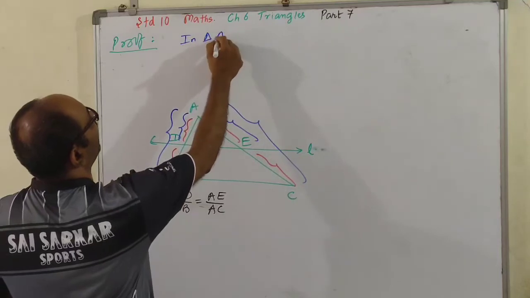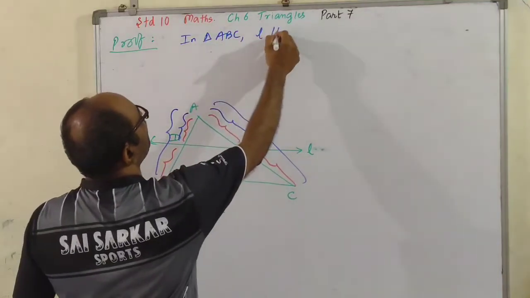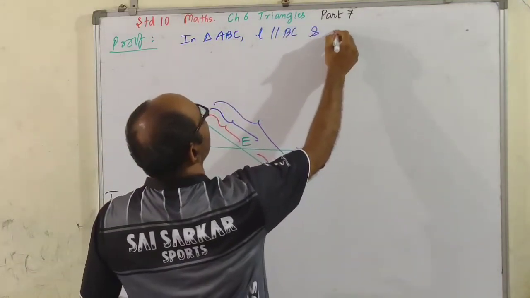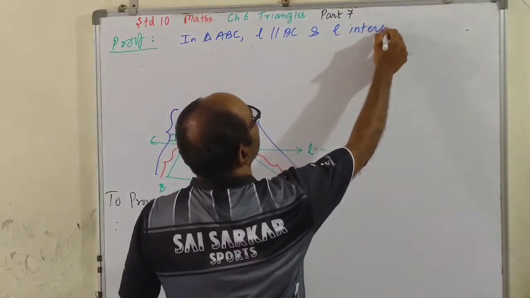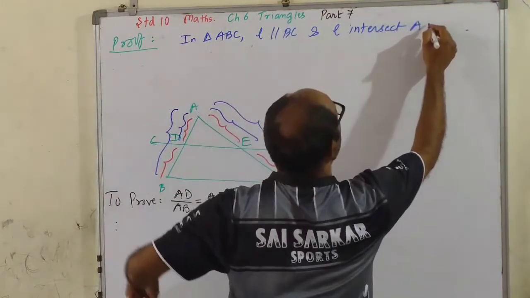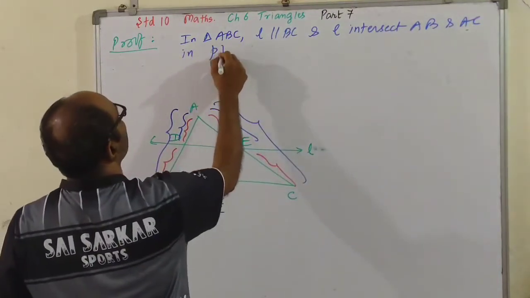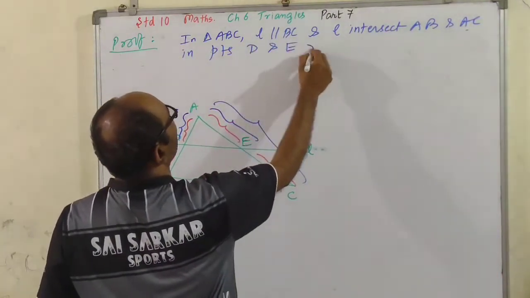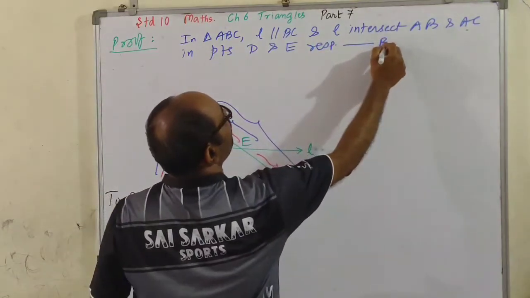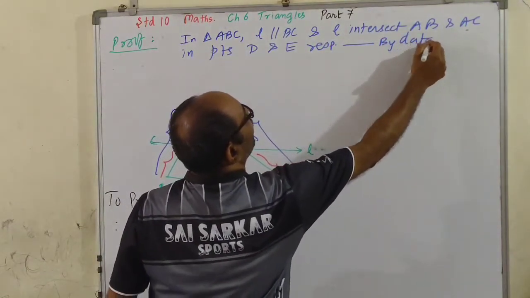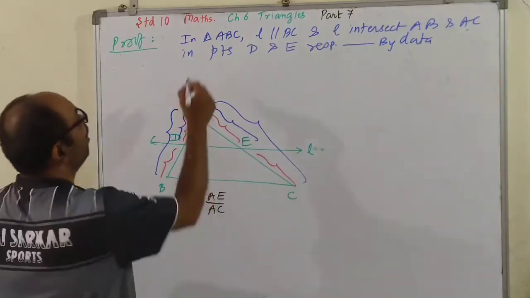In triangle ABC, L is parallel to BC and L intersects AB and AC in points D and E respectively. How did you get this? By data. This is what you have in the data.